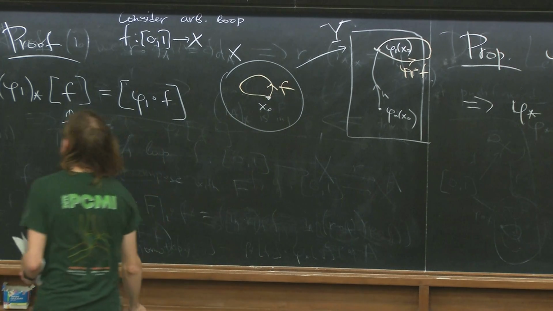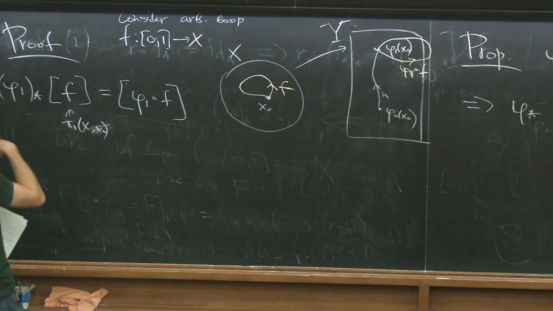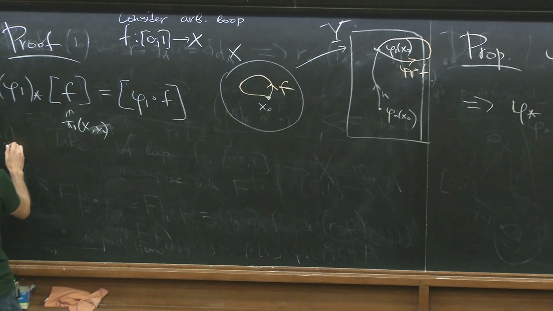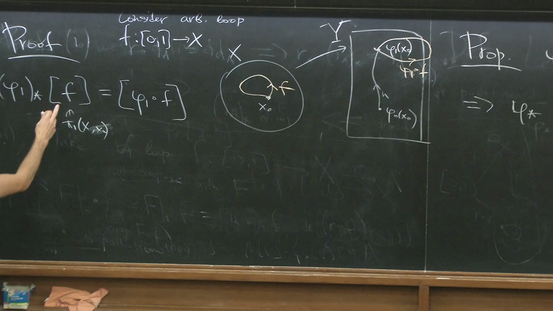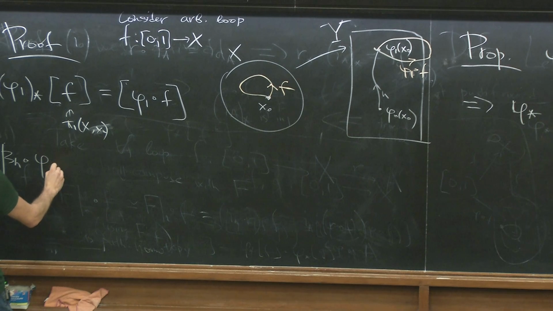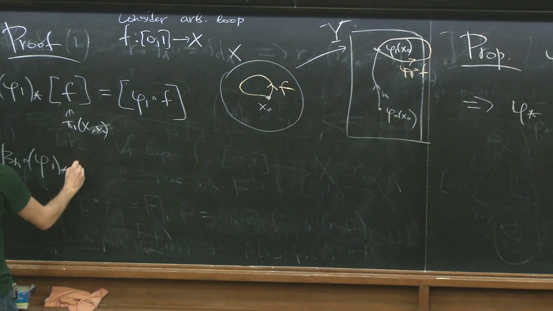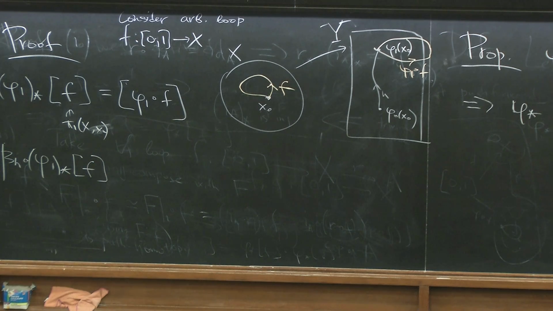Okay, and then if you consider the right-hand side of the equality we want to prove and apply it to an arbitrary element represented by F, we want to apply this composition to the class of the same element.